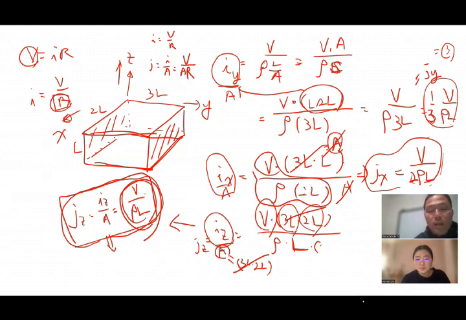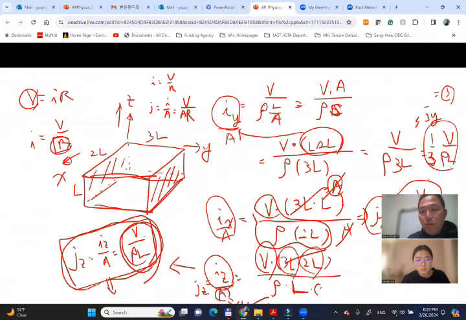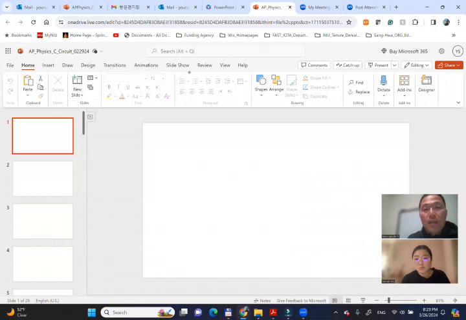Density is a unique property of the material itself and has nothing to do with the volume or cross-sectional area. Hopefully that helps you understand.